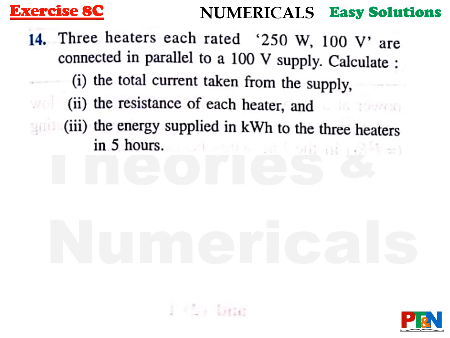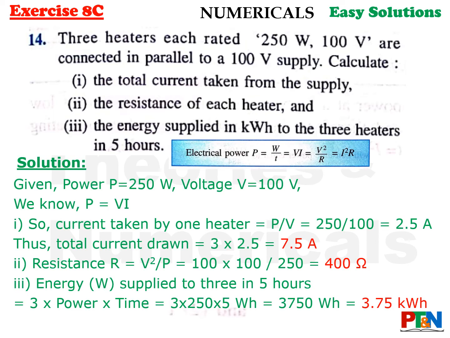Next one. Three heaters each rated 250 watt and 100 volt are connected in parallel to 100 volt supply. Calculate total current drawn, the resistance of each heater and energy supplied in kilowatt hour to the three heaters in 5 hours. Simple calculation, formula, then arithmetic.